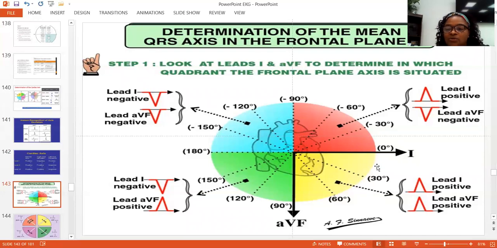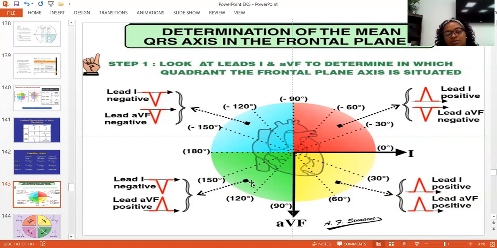So here, if we look at lead 1 and see it's positive, and we look at AVF and AVF is negative, it's showing us right here where that axis is going to be. I love this slide right here. Look down here in our normal quadrant and we see both our QRSs are positive. Shows us right where it's going to be. We look over here and we see lead 1 being negative and AVF being positive.